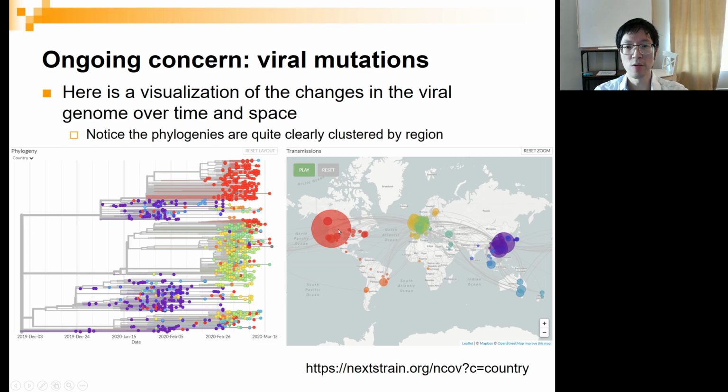In other words, the variants of the coronavirus spreading around in North America are more similar amongst themselves, and there have been some substitutions in the sequence compared to the version, for example, that was spreading in Asia. So you can see there's a lot of spatial correlation, and there's clustering by region. Anyway, this is a good illustration of how this viral genome is changing over space and time.